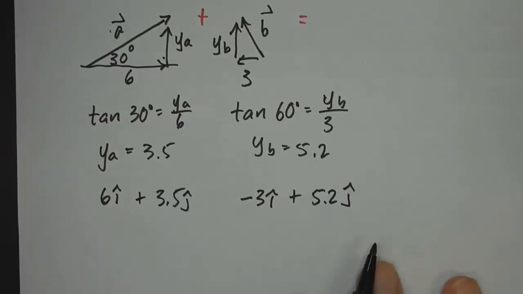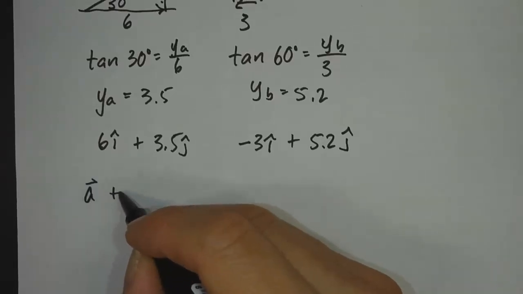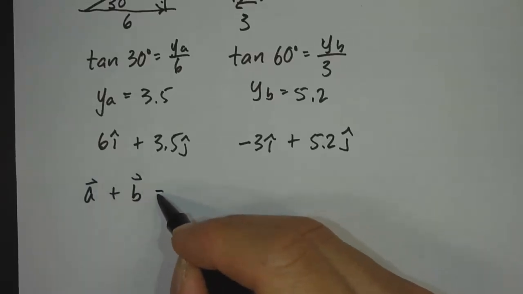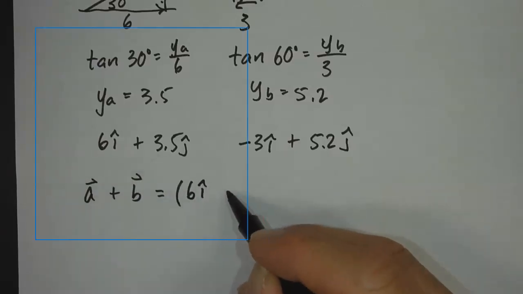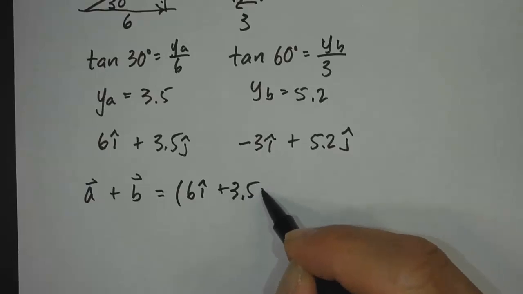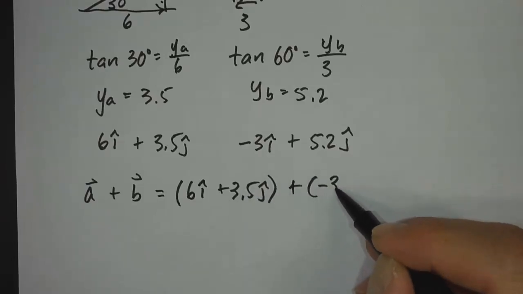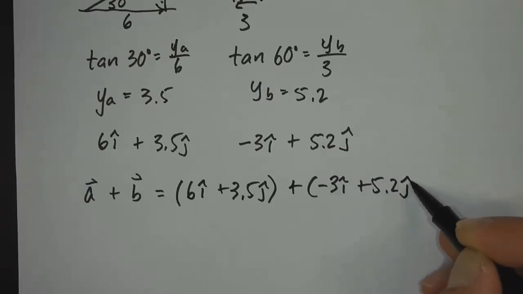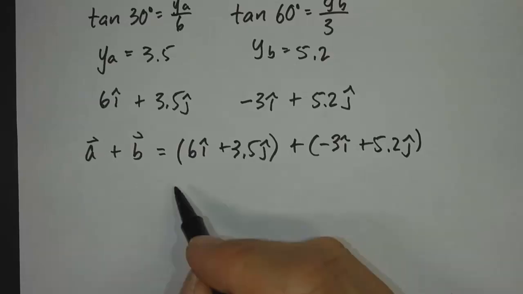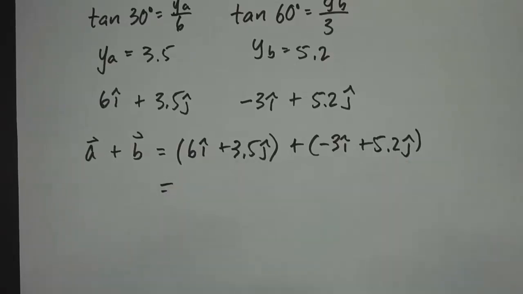And so if we wanted to add vector A plus vector B, the really nice thing about this is you can just take 6 i hat plus 3.5 j hat plus negative 3 i hat plus 5.2 j hat, and then you just add up all the i hat and all the j hat coefficients.